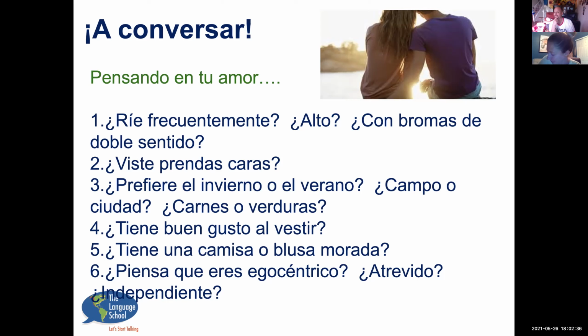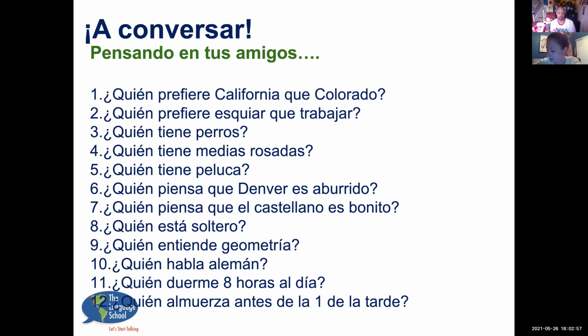¿Piensa que eres atrevida? Sí, piensa que soy atrevida. ¿Piensa que eres independiente? Sí, piensa que soy independiente. Muy bien. Ahora, pensando en tus amigos, ¿quién prefiere California que Colorado?